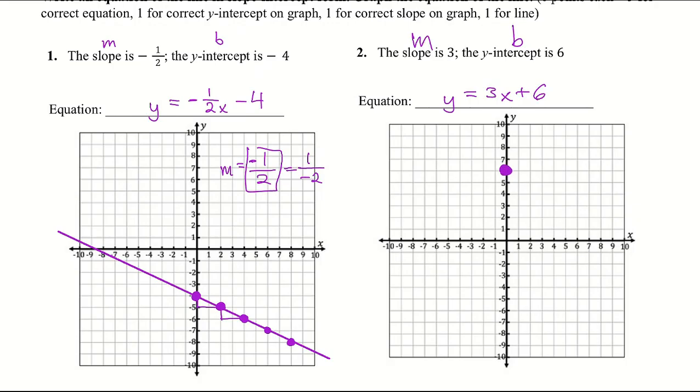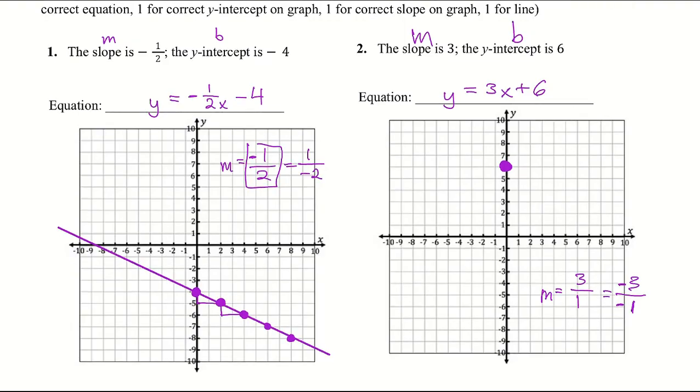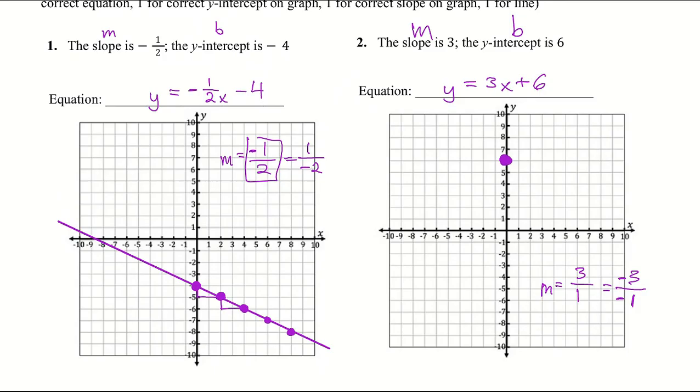My slope is 3, so I'll make it 3 over 1. You could also go negative 3 over negative 1. Both ways would work because a negative divided by a negative is still positive. But I'm going to use this way to go up 3, 1, 2, 3 over 1.